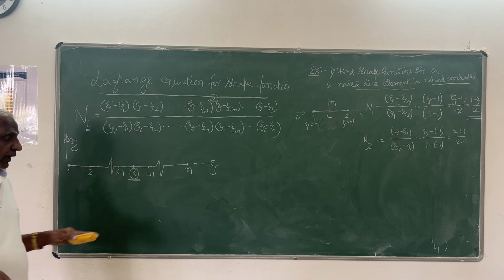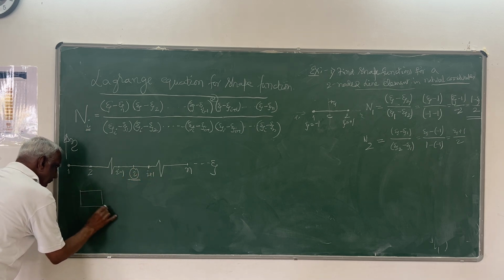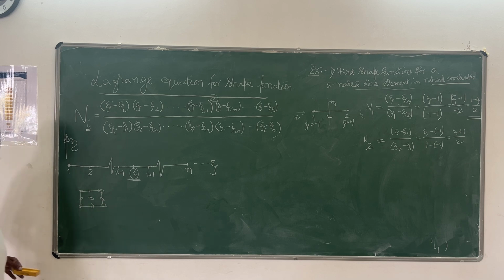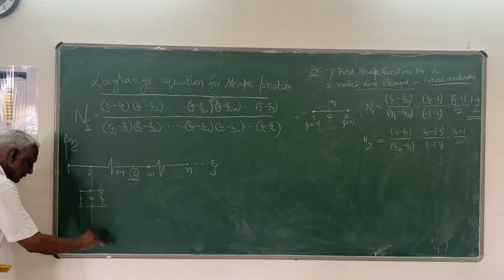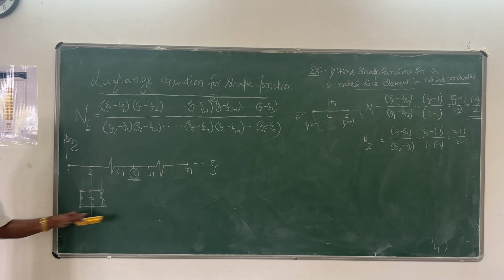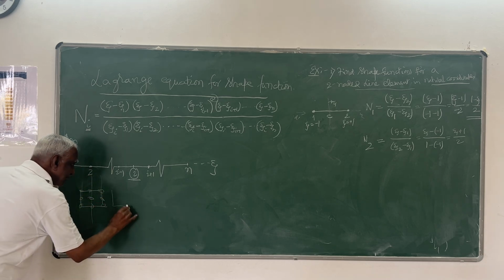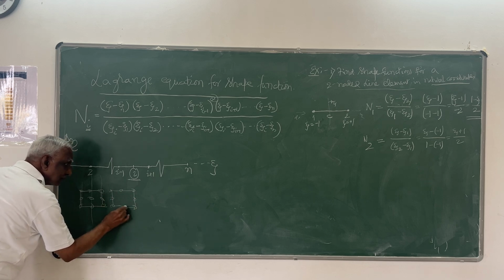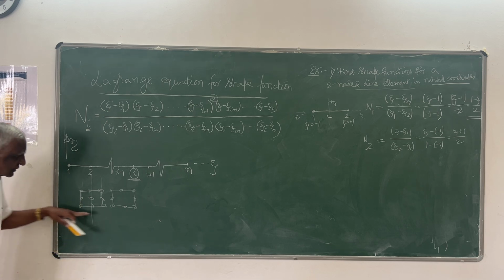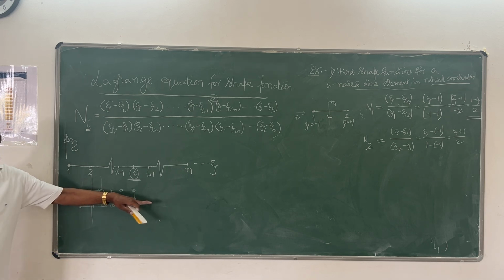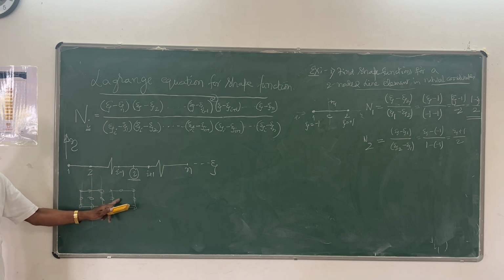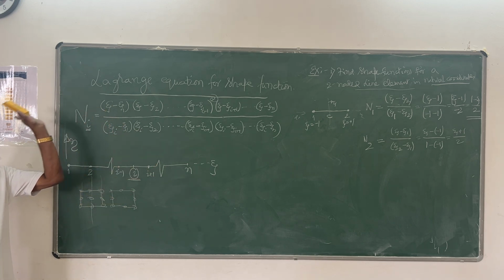If there is a node in the middle, as for a 9-node rectangle, then you can use it, because nodes are similar along the x and y directions. Suppose it is an 8-node rectangle like this, then you cannot use it because along this side there are 3 nodes, but in the middle only 2. You cannot use this method. For this you have to go for the usual method.